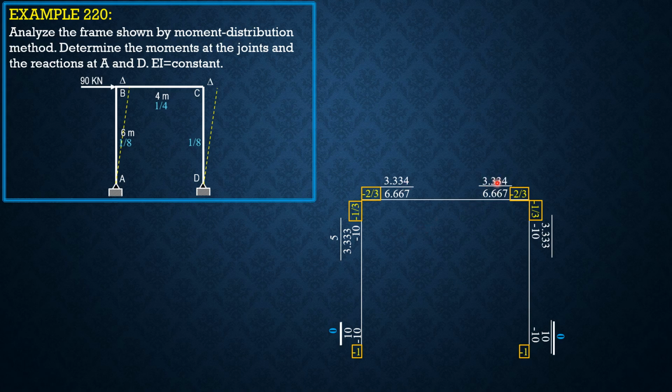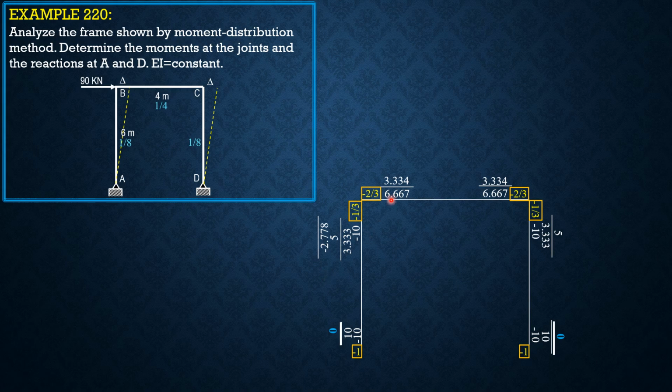This is also 3.334. Then half of 10 is 5. Then no more. So we proceed to joint B. Let's distribute 3.334. 3.334 times -1/3 is -1.111.